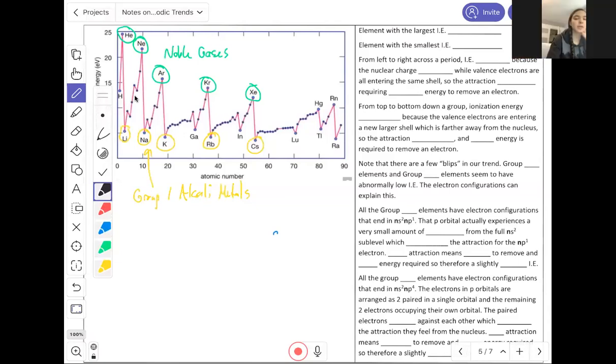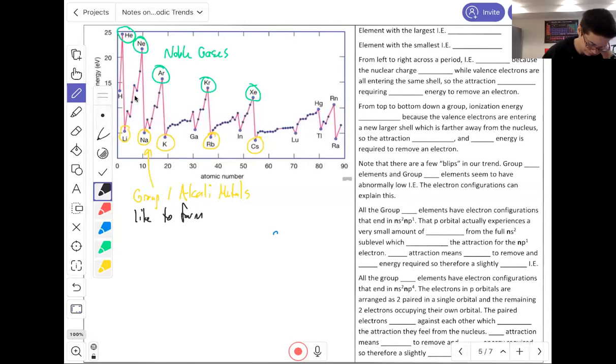They like forming 1+ cations. Yep. So they like losing an electron. And so while it does require energy to become a cation, for these elements, it does not require very much. So if you kind of think of it that way, it makes it a little bit easier to think about what's going on with your elements here.